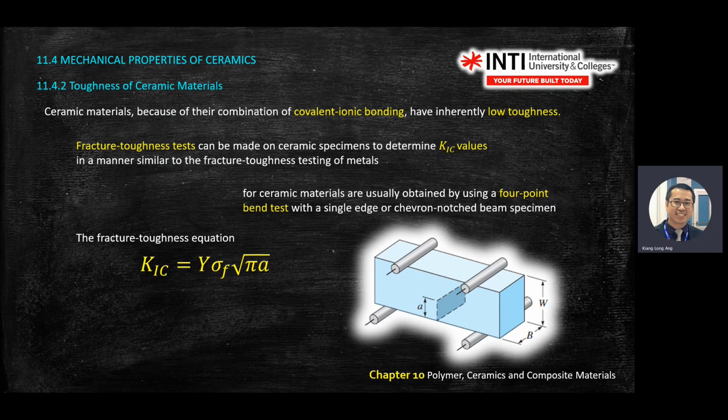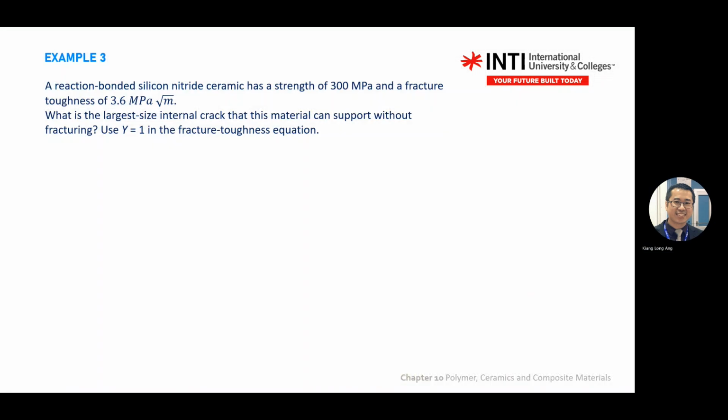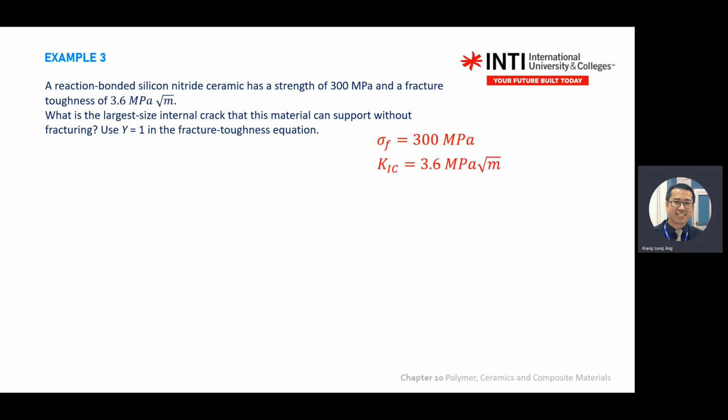So where do we get KIC? The question asks you for the internal crack. This is silicon nitride ceramic. It gives you the failure stress sigma as 300 megapascal. Here is mega. Remember to change mega into 10 power 6 in your calculation. Same here, this is mega. So KIC is 3.6 mega.